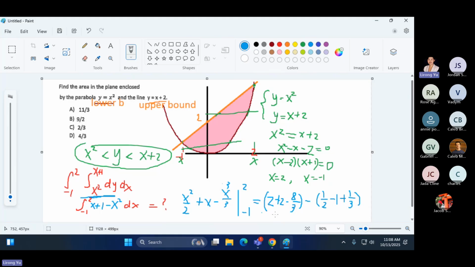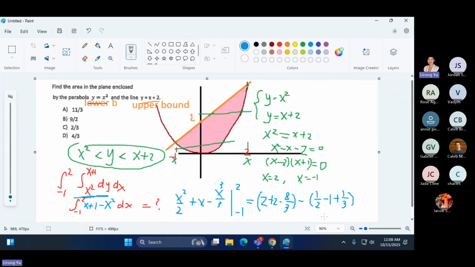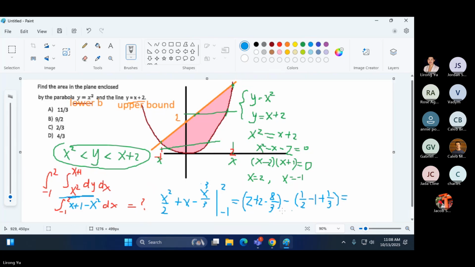This is a 4. Let me try to do the calculation behind it: 4 minus 8 over 3. Minus 1/2 minus 1 is -1/2, so it's plus 1/2. And then minus 1/3.